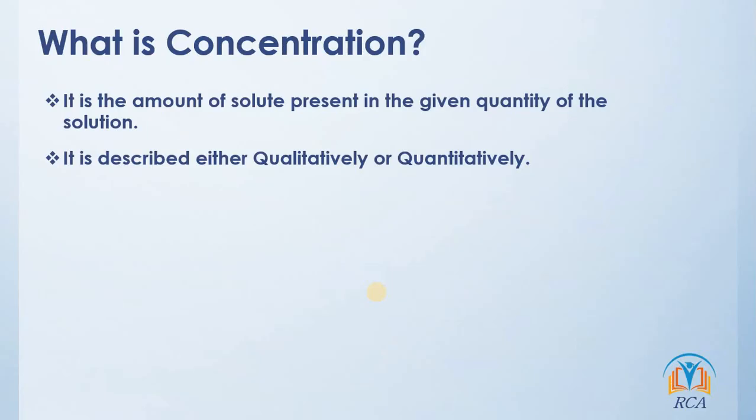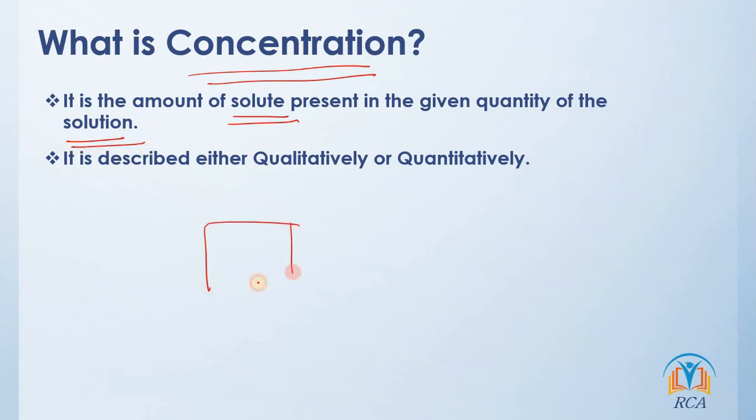First of all, we need to understand what concentration is. This term is pretty common, but what is concentration? It is the amount of solute present in a given quantity of the solution. Whenever we have a solution, for example, say we have a bucket filled with water.